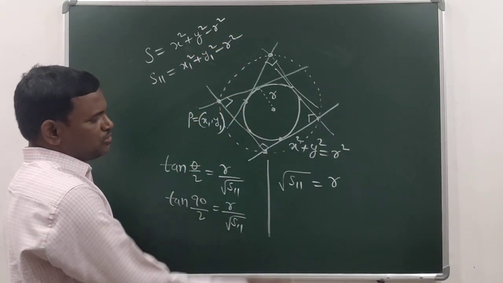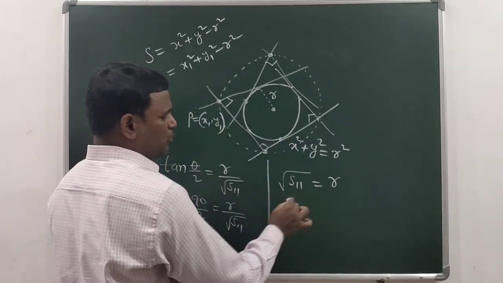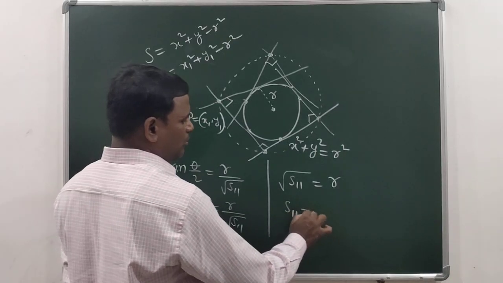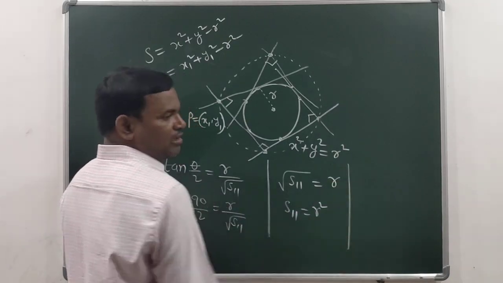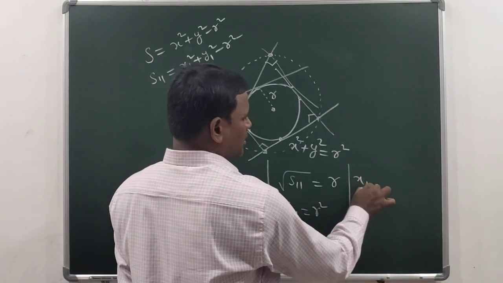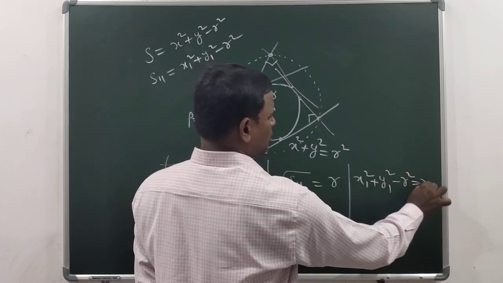Right? So here, before substituting s11 over here, take square on both sides. If you take square on both sides, s11 is equal to r square you will get. So write this s11 over here, then it will become x1 square plus y1 square minus r square, which is equal to r square.